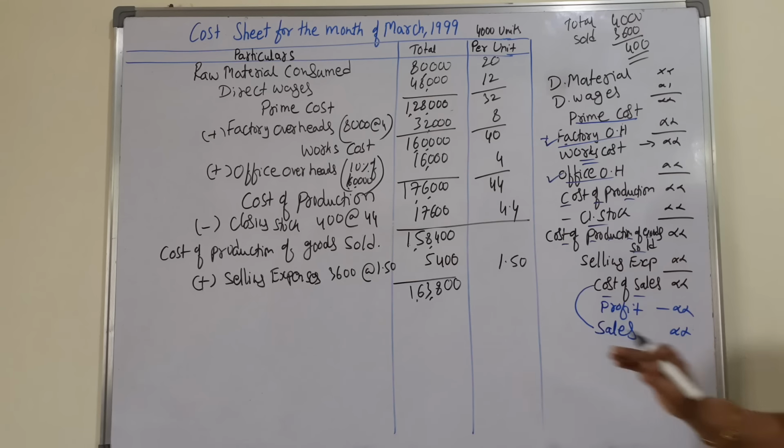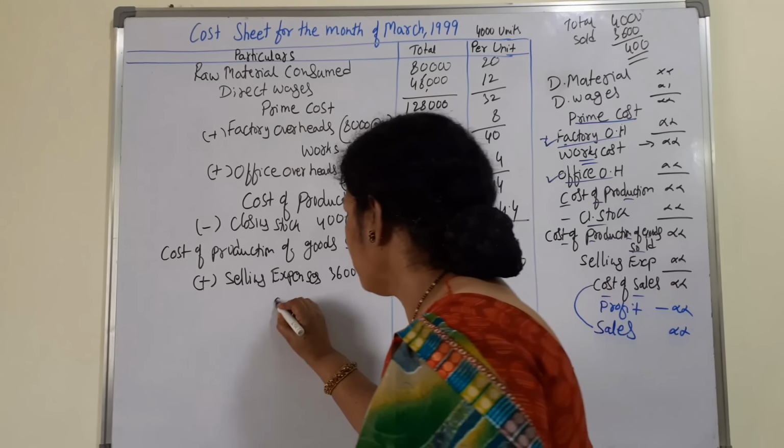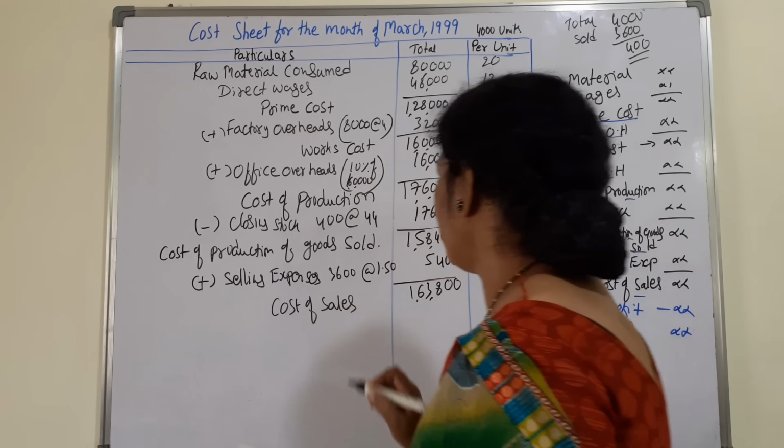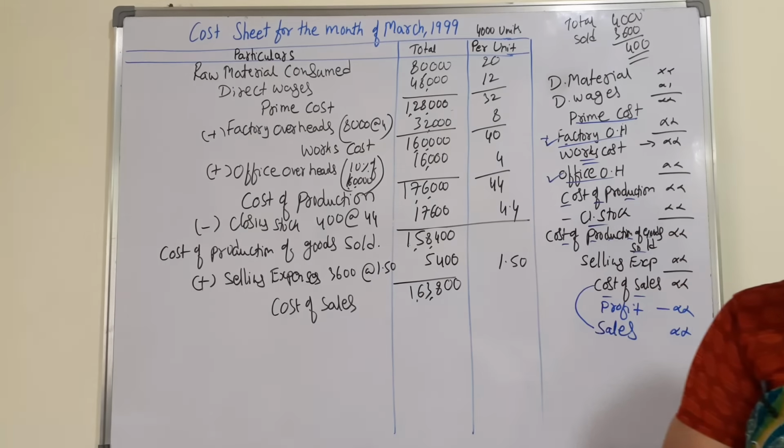After adding selling expenses, whatever we got, that we call the cost of sales. So this is the cost of sales. And also there is sales.